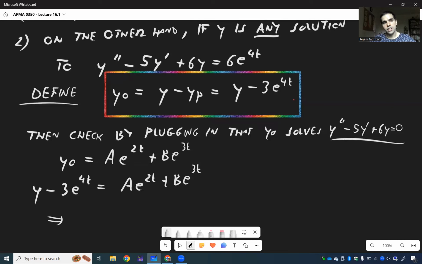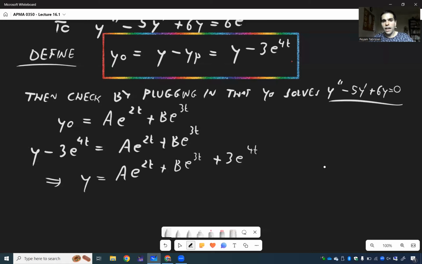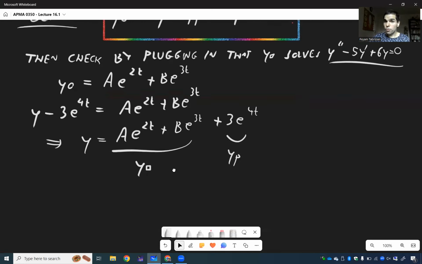And in the end, we do get that y, so any solution to our ODE, is ae to the 2t plus be to the 3t plus 3e to the 4t. In other words, y is the homogeneous solution plus a particular solution. So this ends the proof.